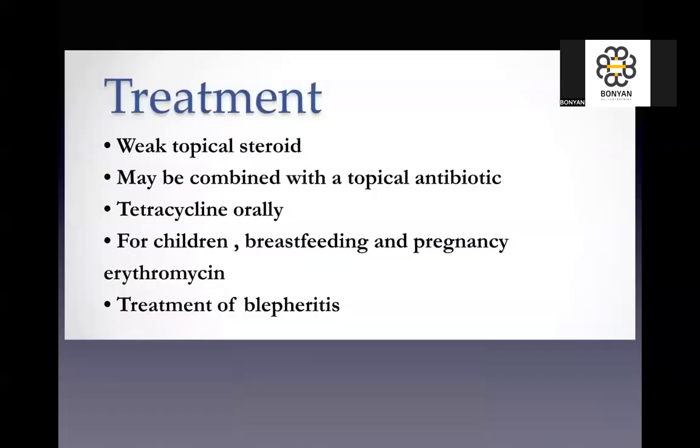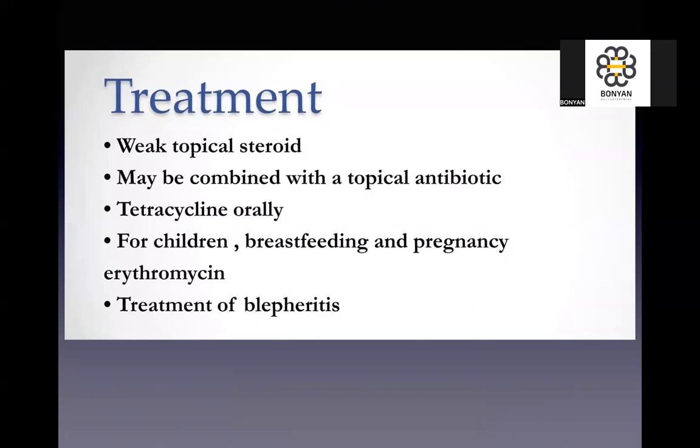Treatment of the original cause, which is the blepharitis or mucopurulent conjunctivitis, and you can add after that weak topical steroid, maybe combined with topical antibiotic, tetracycline orally for adults, and for children, breastfeeding and pregnancy, erythromycin.